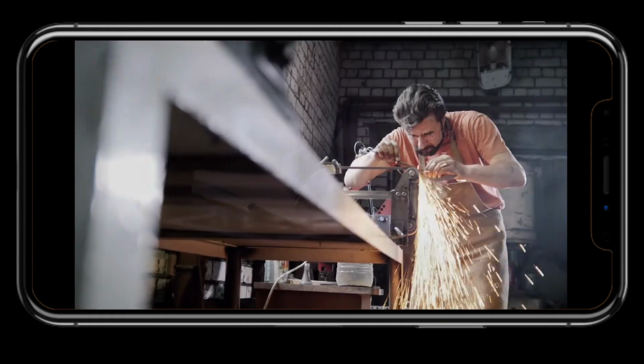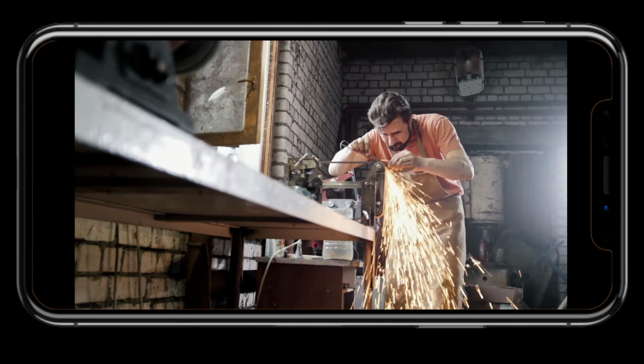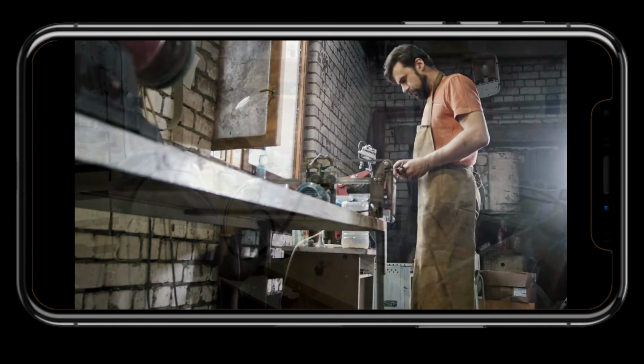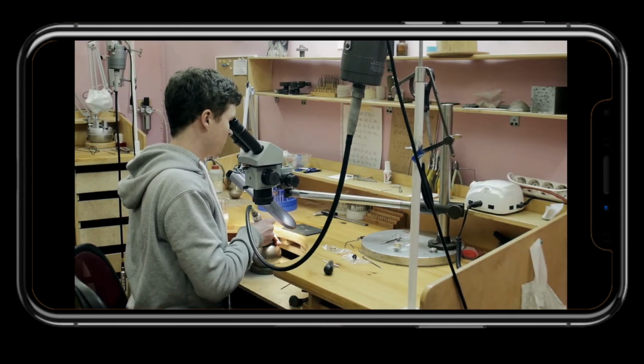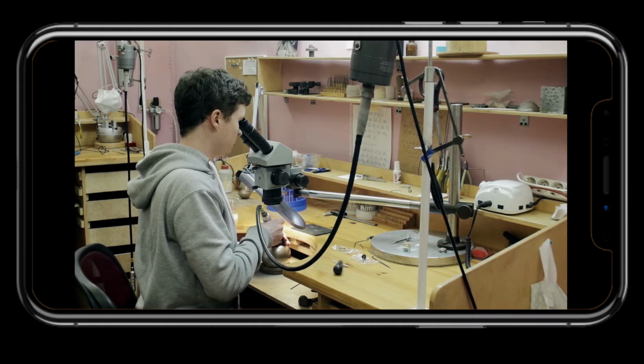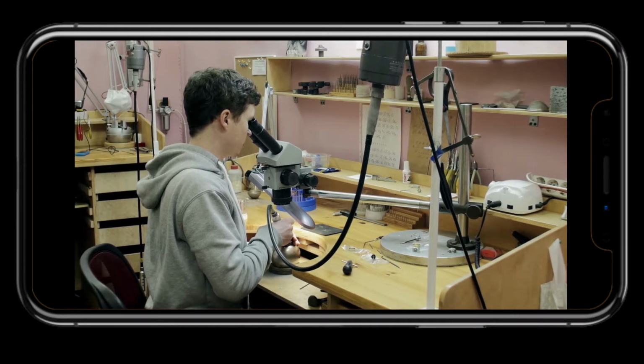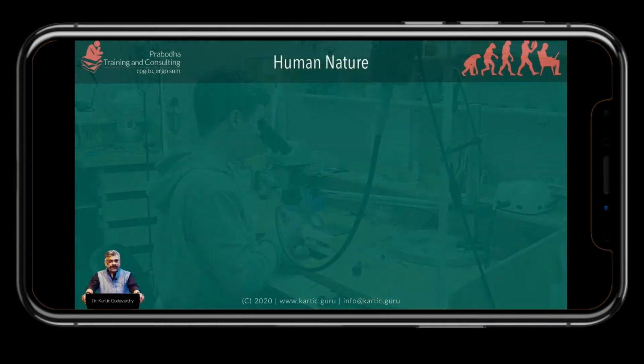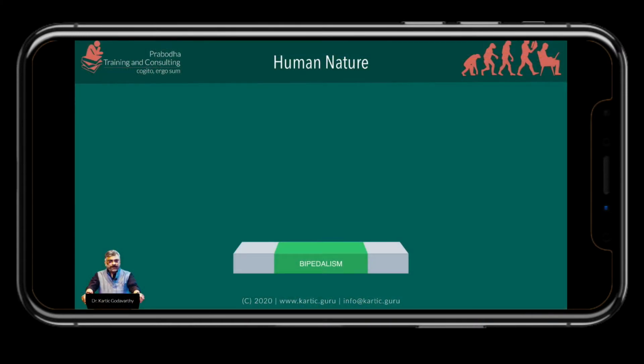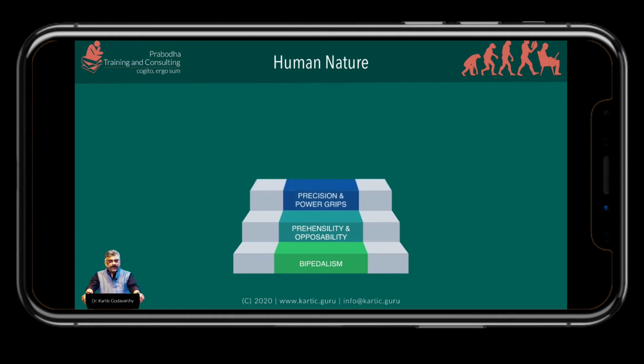This power grip and precision grip are the ones that created the material culture around us. We ended up becoming what? The tool makers and the tool users. So this is what has happened when we stood on two legs. Standing on two legs was not an independent, isolated behavior. It started a chain reaction, finally culminating in the opposable thumb and the prehensile hand.